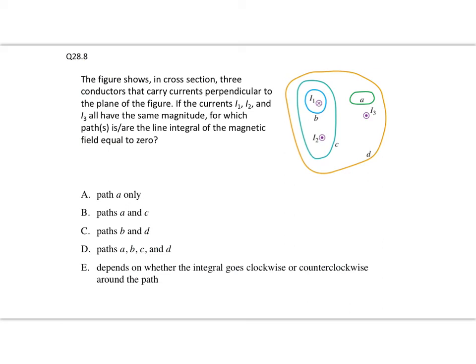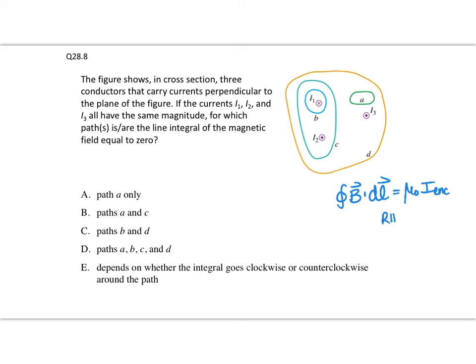All right, so this question is basically about Ampere's Law, where we say that the integral of B dot dl is equal to mu naught I enclosed. And this is the current that's enclosed by the loop.